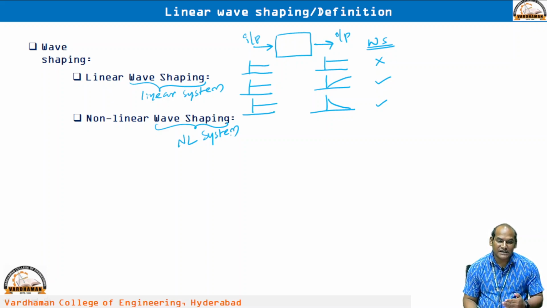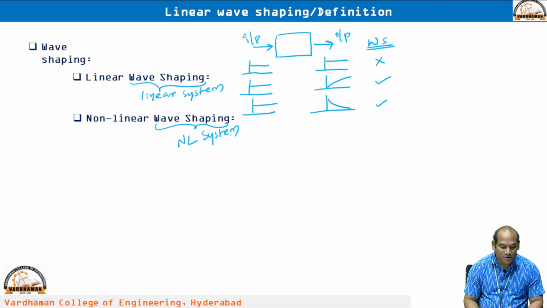So, because of a linear circuit, if you can change the shape of the input signal, that is linear wave shaping. Because of a non-linear circuit, if you can change the shape of the input signal and observe that change at the output, that is called non-linear wave shaping. So, we have two types of wave shaping, linear and non-linear. This classification is based upon the type of circuit which we are using.